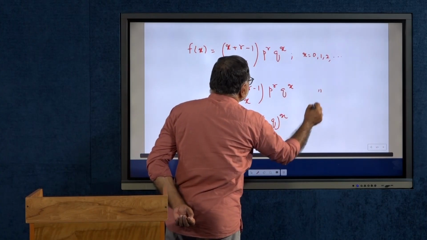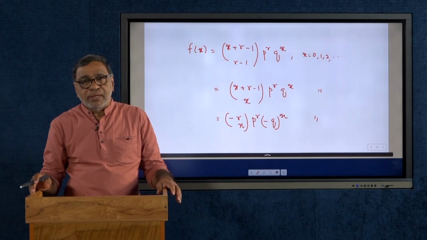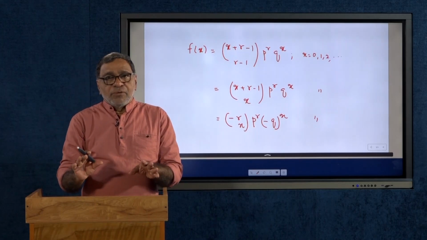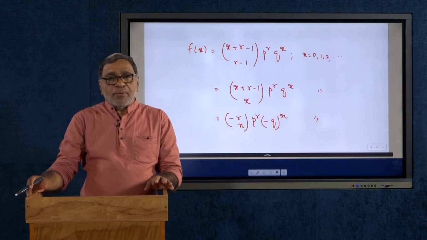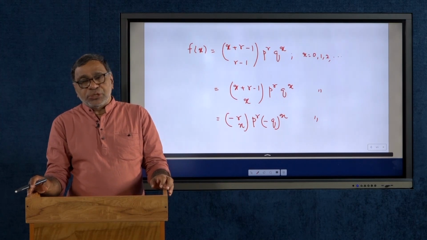In all the cases, the random variable x takes the values 0, 1, 2, 3, etc. So, these are the different forms of the probability mass function of the negative binomial distribution.